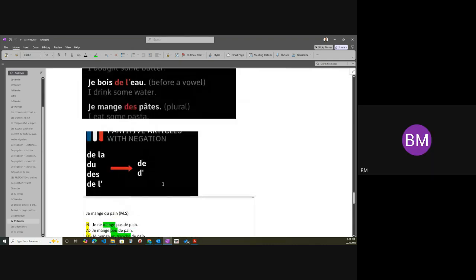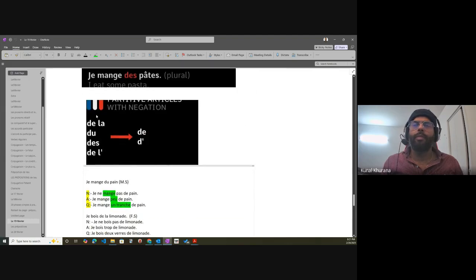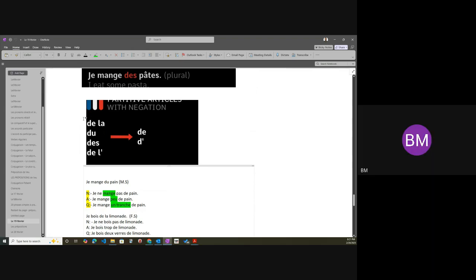Okay, so partitives generally are used to say some quantity, not specific.